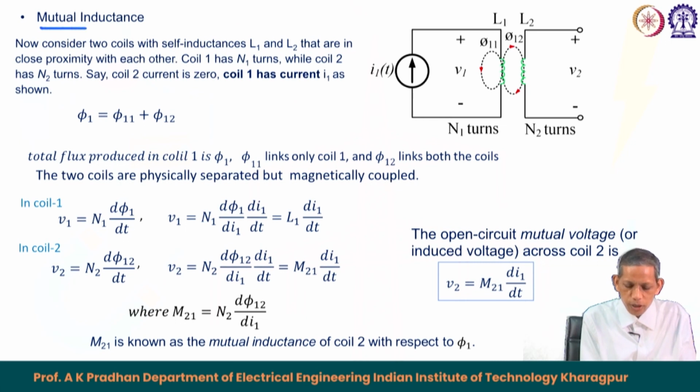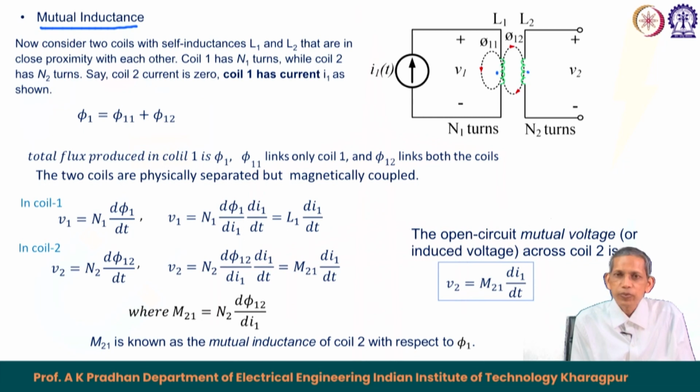Next, we will go for the mutual inductance. The term mutual is there. Now, let us consider two coils, coil 1 and coil 2, with self inductances L 1 and L 2, that is N 1 square by S 1 and N 2 square by S 2.